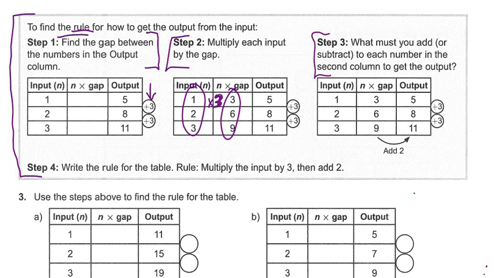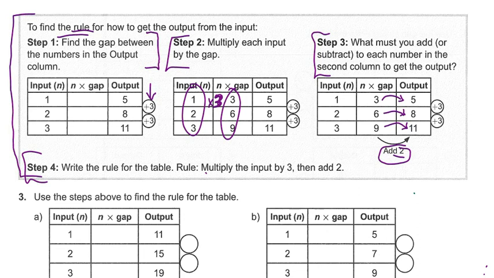Step 3 is then what must you add or subtract to each number to get to the second column output? So what do we have to do to 3 to get to 5, 6 to get to 8, and 9 to get to 11? In all of those, it's add 2. Now, step 4 is write the rule for the table.